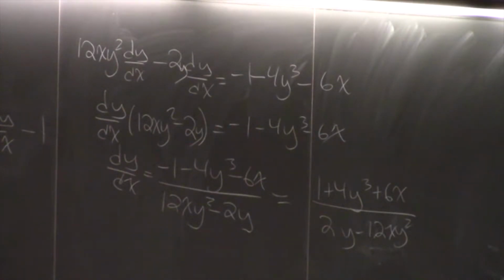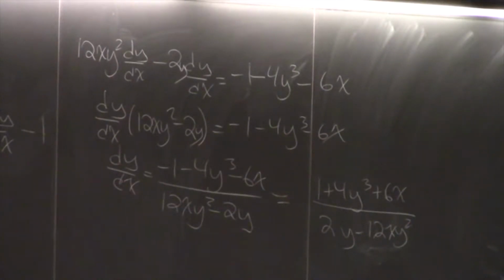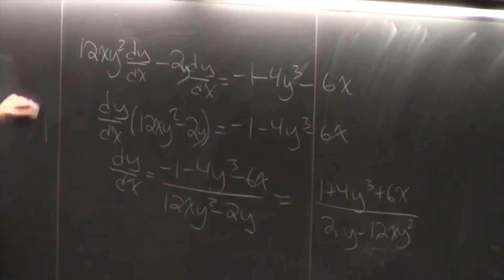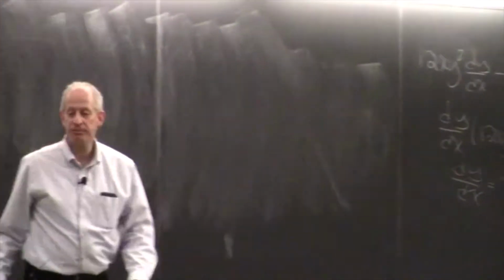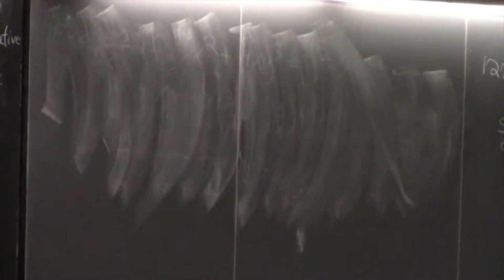You guys remember continuity? Let's review continuity for a minute. And differentiability, because they kind of go together. A function is continuous if when you write it, you never have to take the chalk off the board, pencil off the paper.